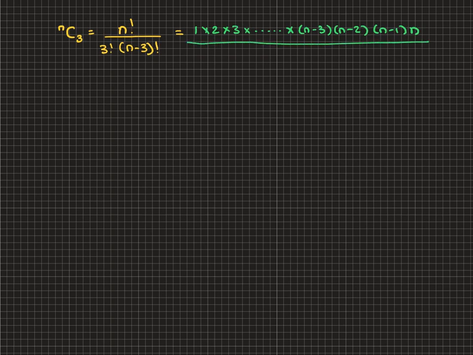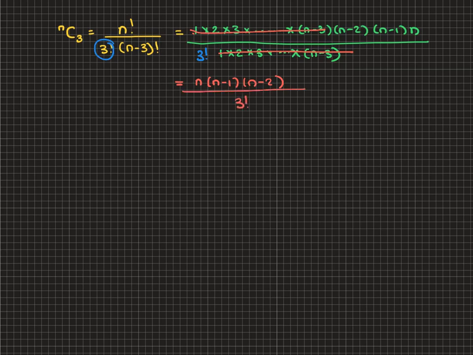And this is all over, and I'll leave 3 factorial alone. But I will write out n minus 3 factorial, so you can see the products of all the numbers up to and including n minus 3. Look at the cancellation here and here. So what are we left with as an answer? We are left with n, n minus 1, n minus 2, all over 3 factorial.